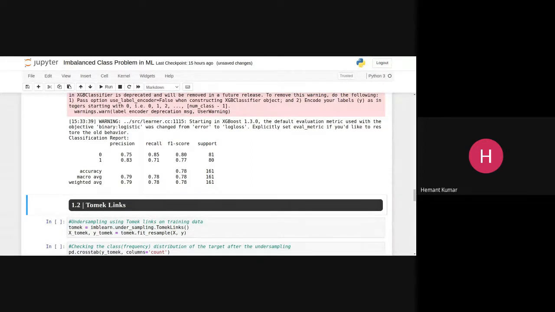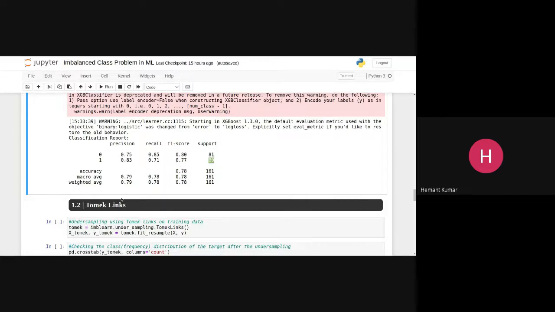The support says the samples are matched, 81 for class 1 and 152 for class 0. So with the random undersampler, the classes are approximately equal, with about 81 samples matched from 268.